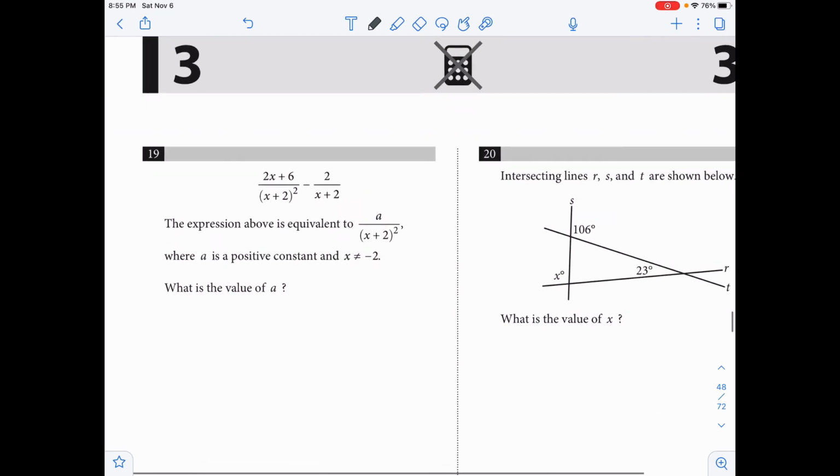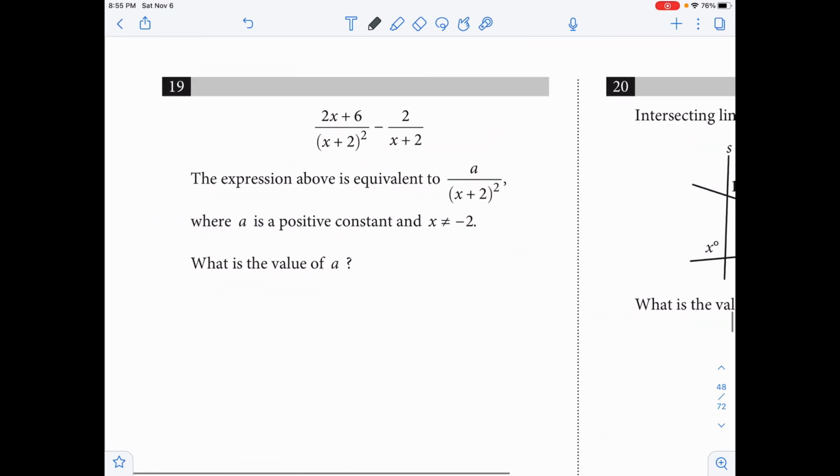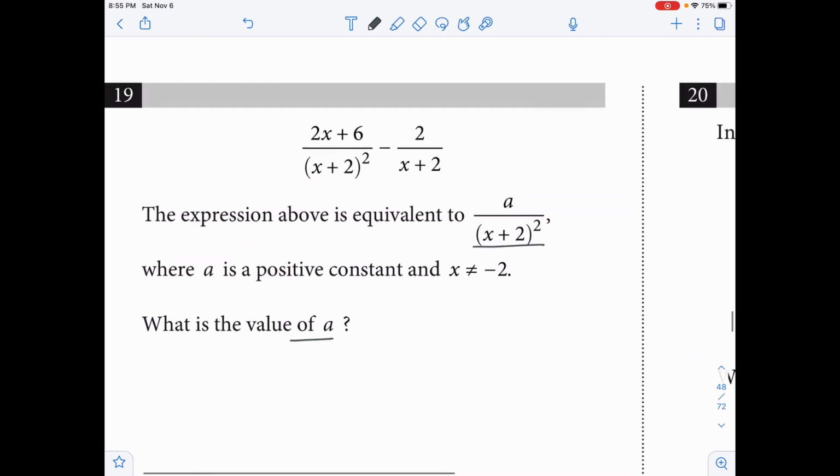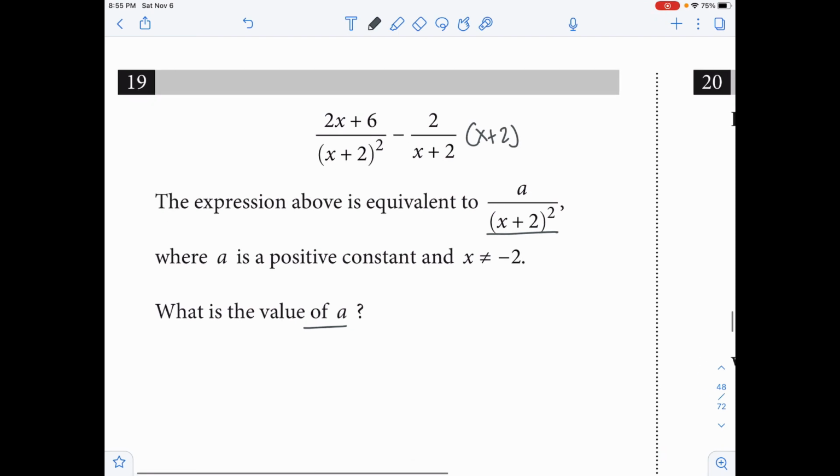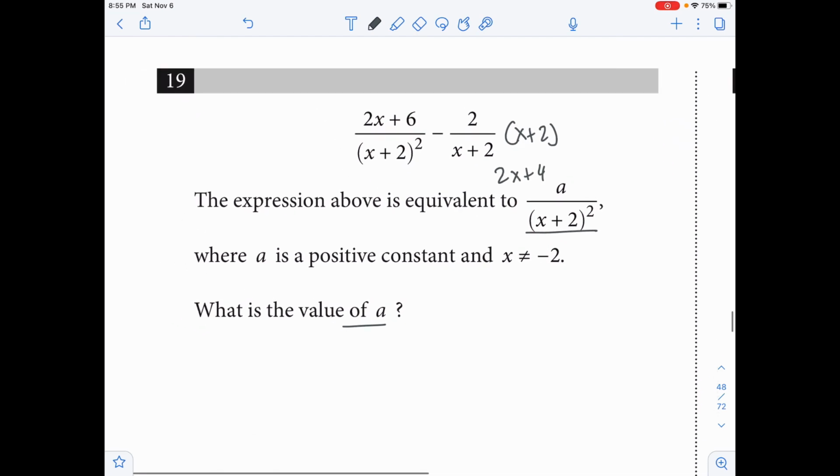For number 19, we're just going to solve for a, and we know that a is in this form. So I'm going to multiply this side by x plus 2 to get the same denominator. So therefore, the numerator is 2x plus 4.